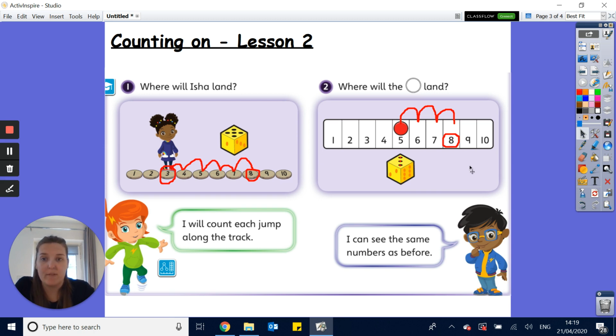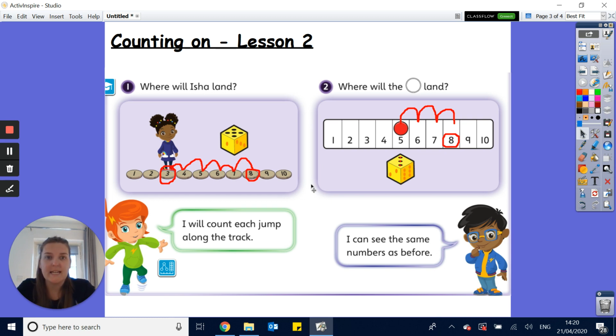But what's different about those number tracks is that one is set out like the number tracks we might have at school, and one is set out on stepping stones. Another thing I noticed that's the same is that they both have a dice, but they have different numbers on them.